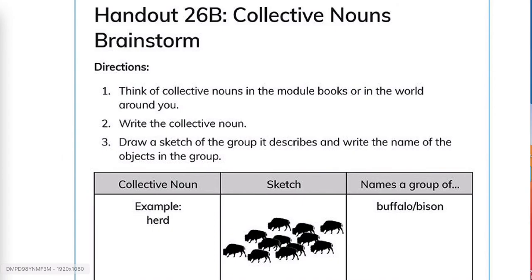So our collective noun for pencils would be a pack of pencils. A group of pencils is called a pack. Can you think of anything else, looking around the room, thinking about what we have in our school? I want you to try to think about a collective noun that you might use when talking about our school.